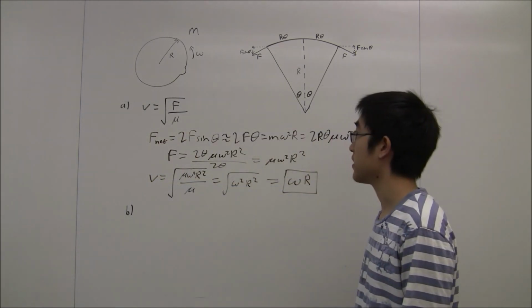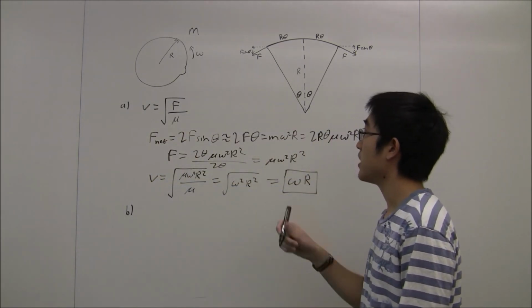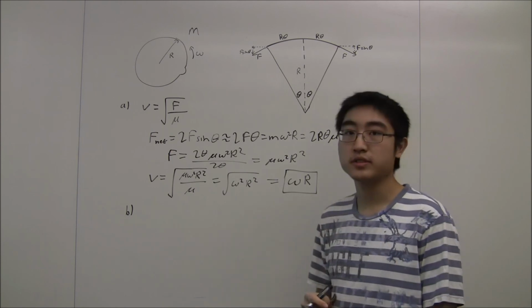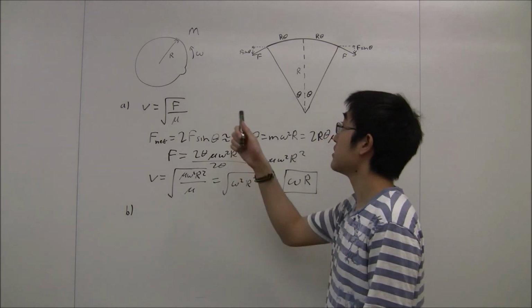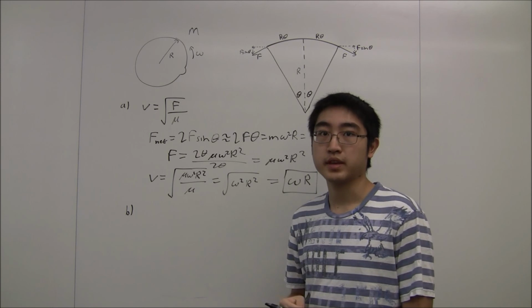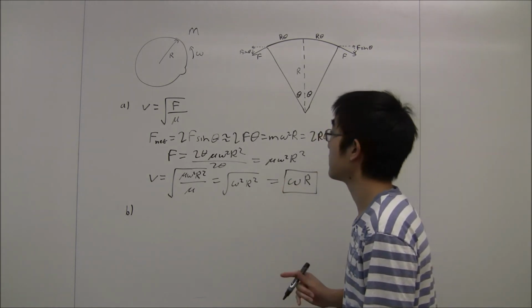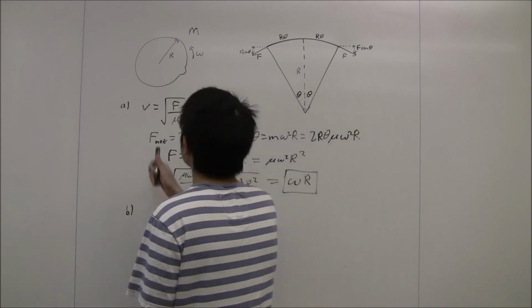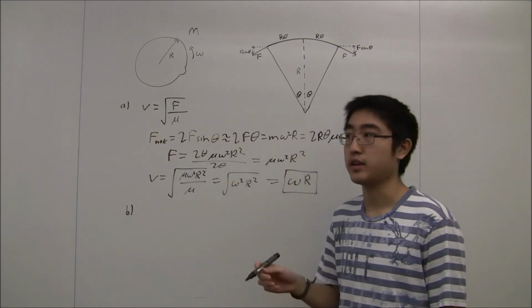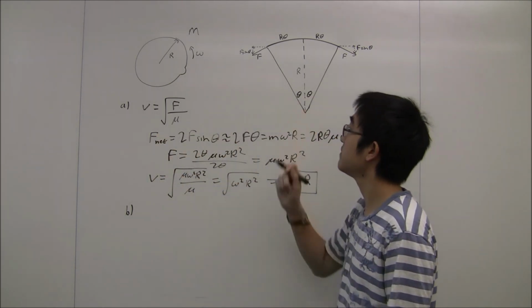Now in part B of the problem, we're asked to figure out what the wave speed is relative to the laboratory. And we're asked to consider the wave speed in both directions. So we know that the loop is going to be rotating at a constant angular velocity omega.